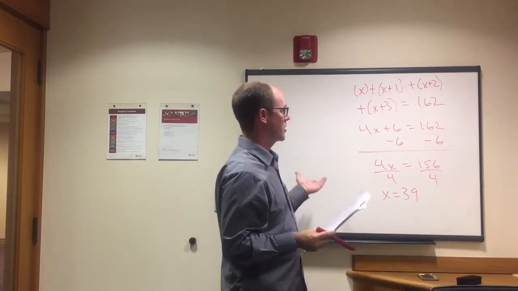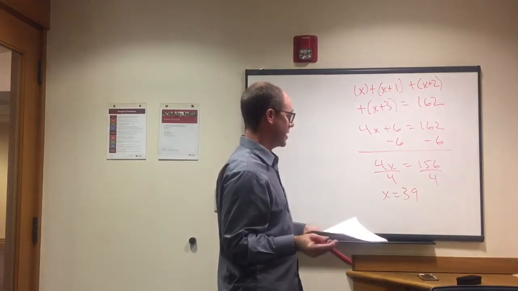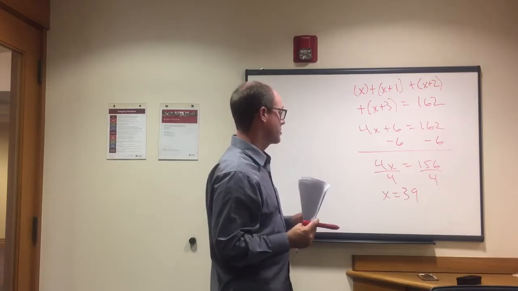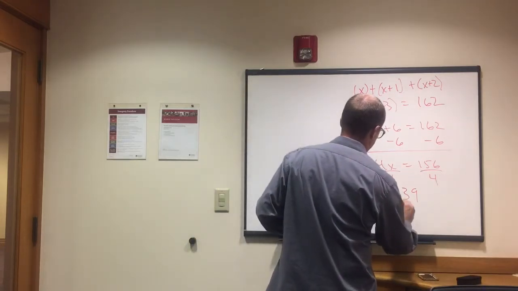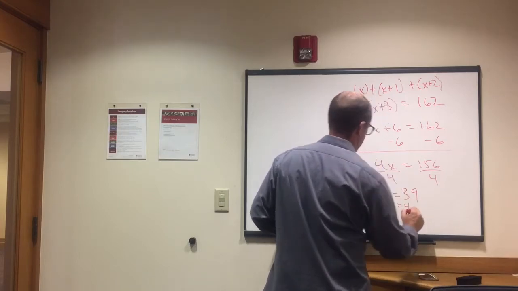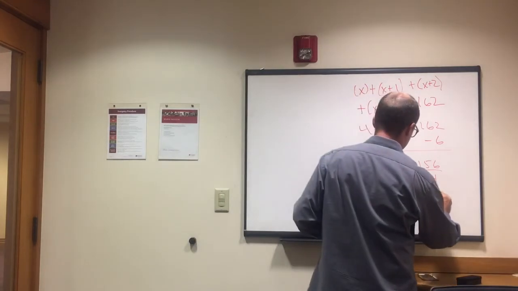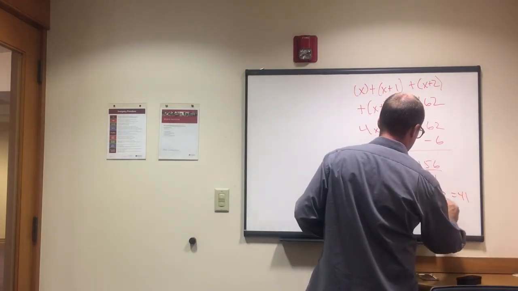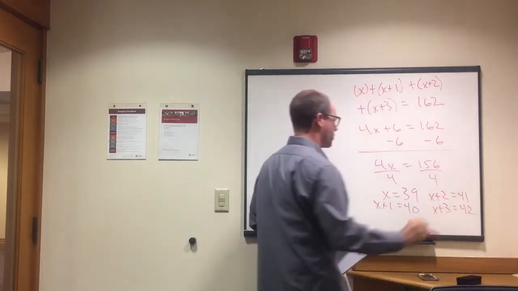Now the way the questions are going to tend to be worded is find 4 consecutive integers. So there we just found 1. That's 39. So all you're really doing here, the second one, x plus 1, it's going to be 40. Probably know the next two, x plus 2, 41, x plus 3, 42.